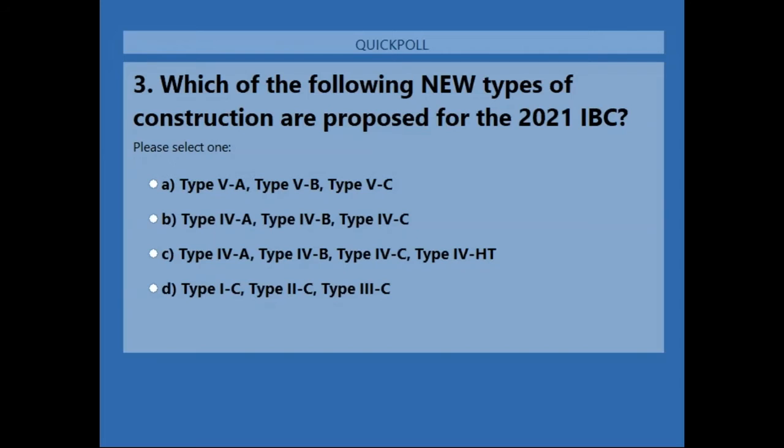And with that, now we're up to another poll question for Marcy. All yours. Perfect. Which of the following new types of construction are proposed for the 2021 IBC? Answer A, types 5A, 5B, 5C; answer B, types 4A, 4B, 4C; answer C, types 4A, 4B, 4C, 4HT; or answer D, types 1C, 2C, 3C.